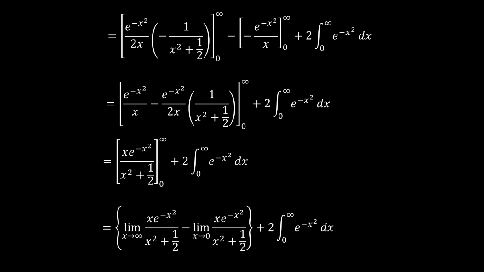With this, it's very simple to see that when x is 0, the denominator is a half, the numerator here is 1, and this is 0, so this entire thing goes to 0 because this x here makes it collapse to 0.